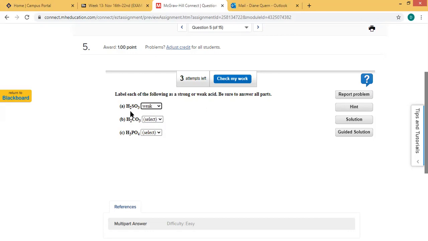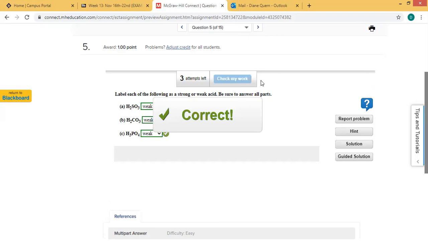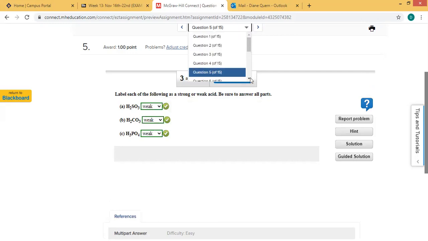What I mean by polyprotic is they have more than one hydrogen, and usually if they have more than one hydrogen, they're weak. So I would say all of these would be weak. That's just off the top of my head. So lucky you got them right. So that's something you just look up in your book. No real trick to that.